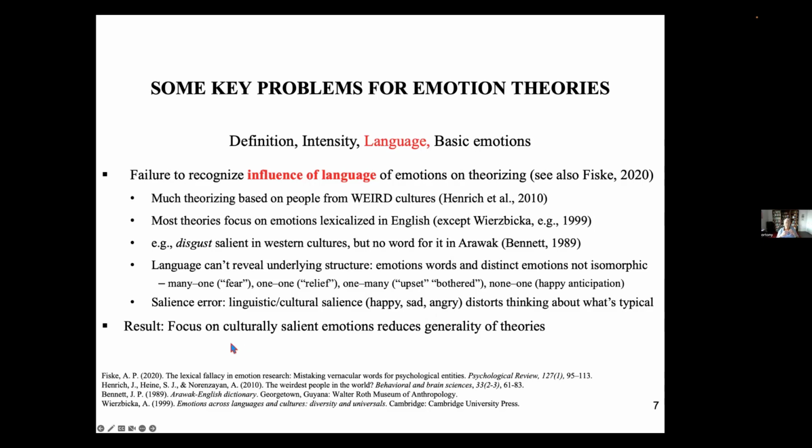So the result of all this, I claim, is that there's a focus in emotion research and theorizing on culturally and linguistically salient emotions. And this focus is a sort of bias that reduces the generality of emotion theories. So again, I recommend anybody doing research on emotion take a look at the Fisk paper and at the Wierzbicka book to get a broader perspective. There are others. Anthropologists, of course, have written in many cases, but they tend to be voices in the wilderness and don't get the attention that they ought to.